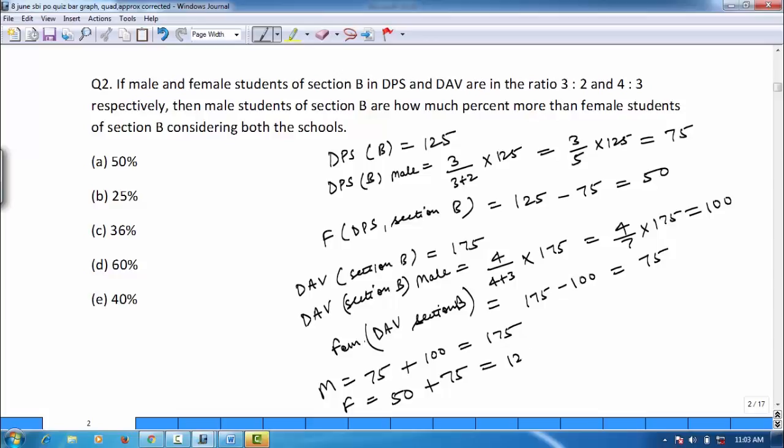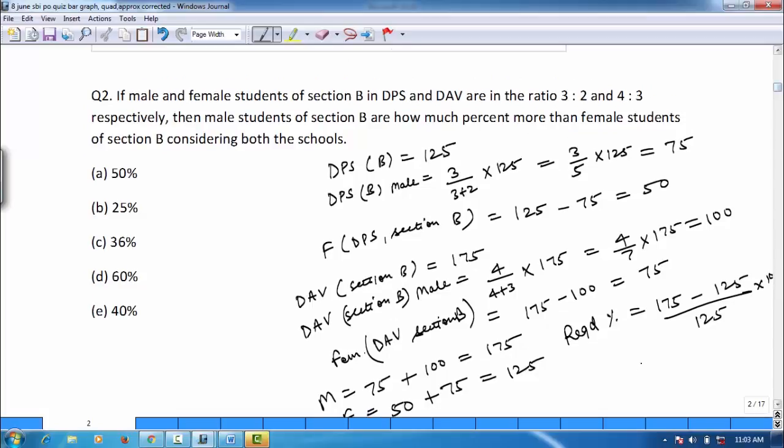So that will be equal to 125, and the required percentage will be equal to 175, that is the total number of males, minus 125, that is the total number of females, upon 125, that is the total number of females, into 100. So this will give us the required percentage as 40%.